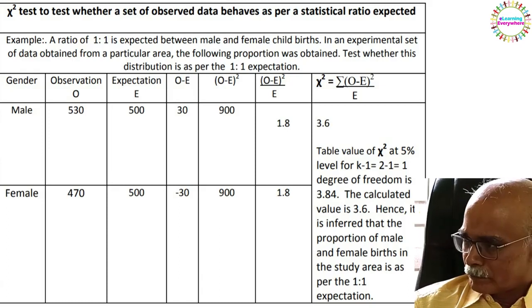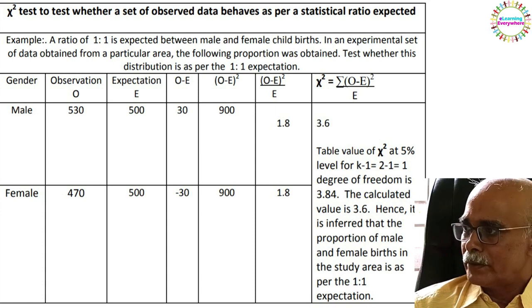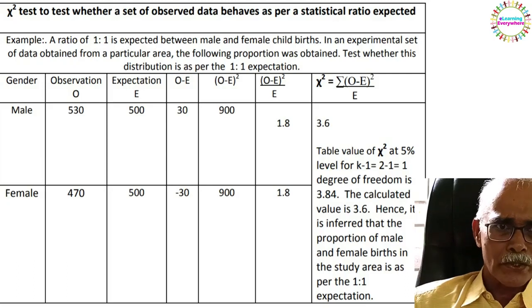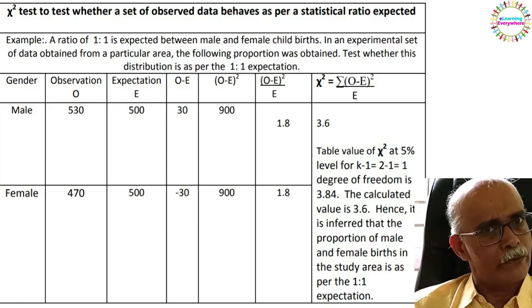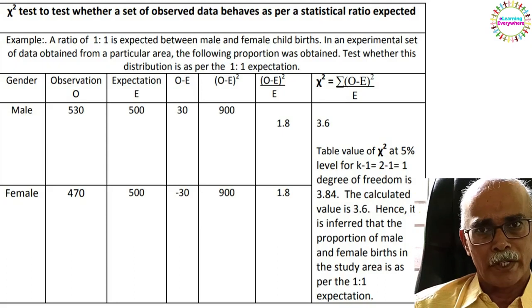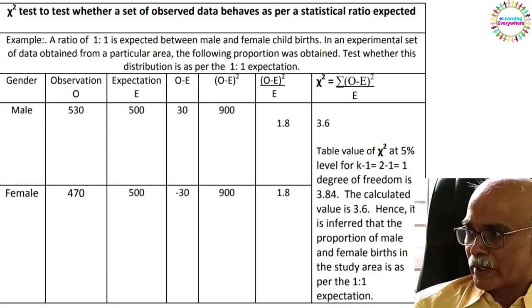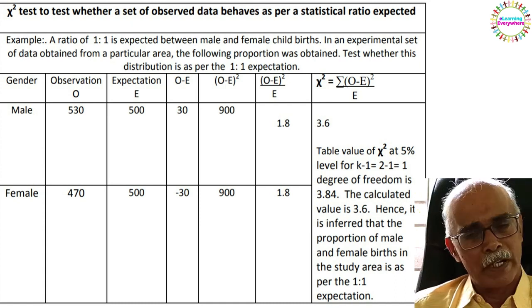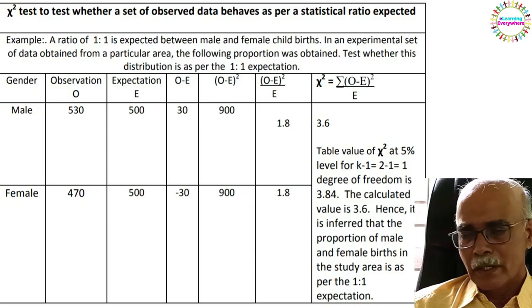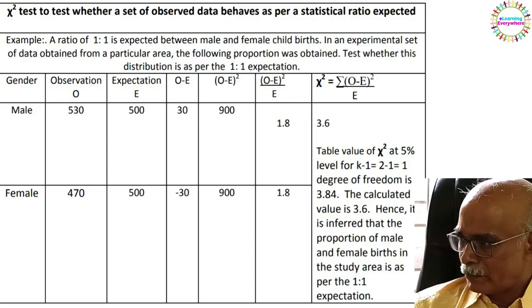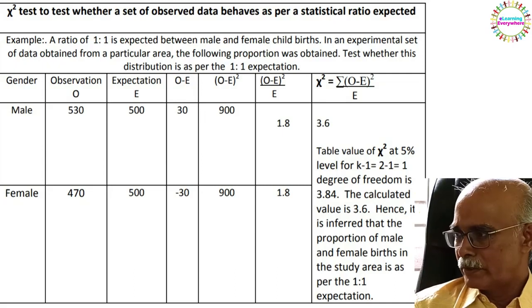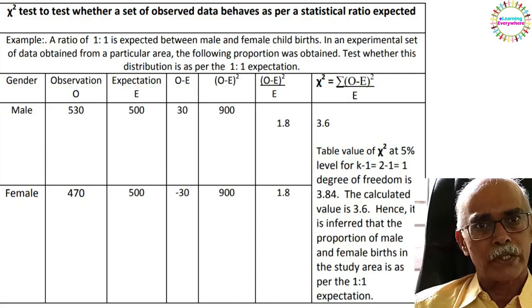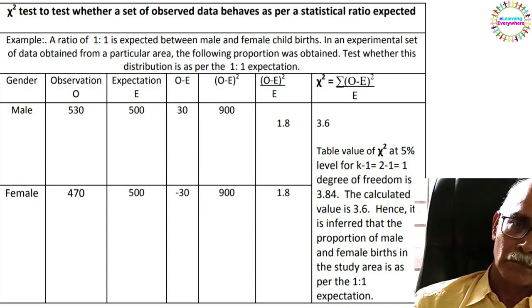Means that the calculated value is not significant. You see, apparently there is some variation, 530, 470, you may think that it is significant variation, but when you have carried out a chi-square analysis, it shows that your calculated value of chi-square is a little below the critical value, the table value at 5% level, and you can say that the variation is not statistically significant at 5% level.